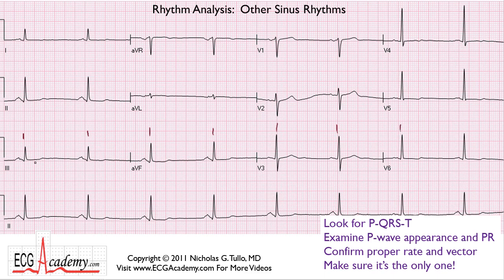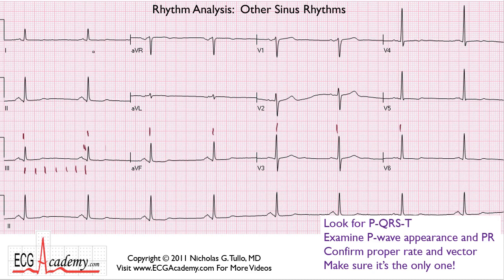I think you start to eyeball it and say, wow, that's slow. It's more than 5 boxes, so it's less than 60 beats per minute, right? It's 300, 150, 100, 75, 60, and this is 50, so it's less than 50. And 40 would be way out to here, so it's about 48 beats per minute, just below 50.